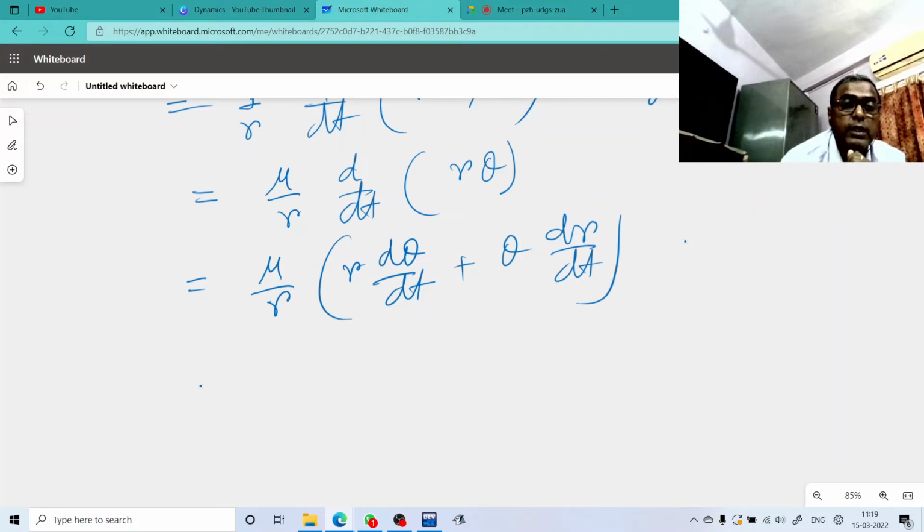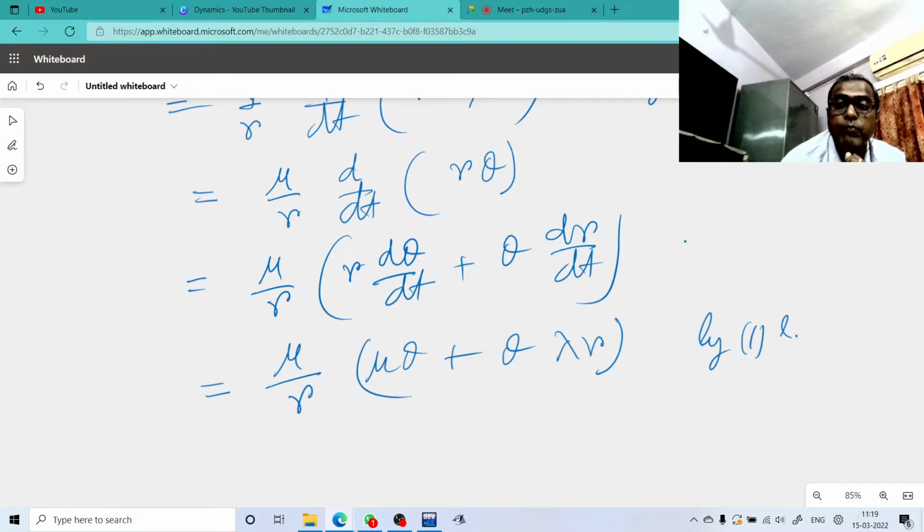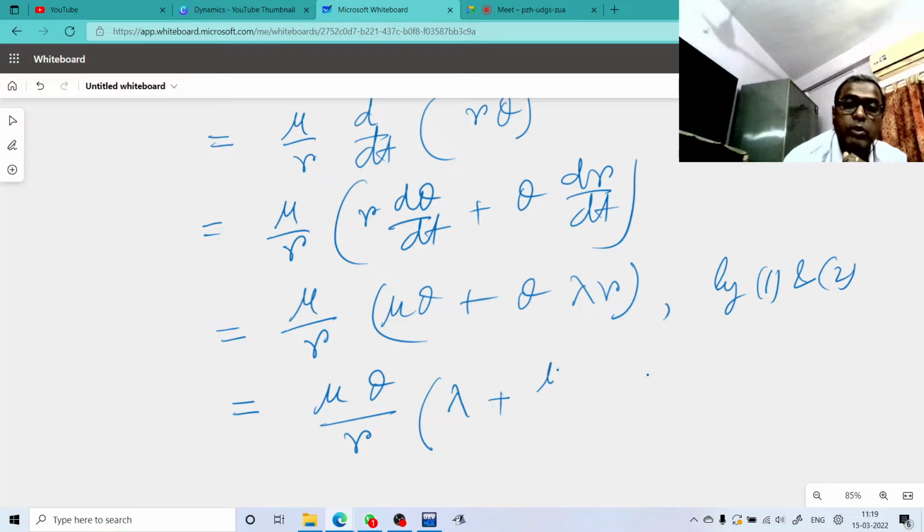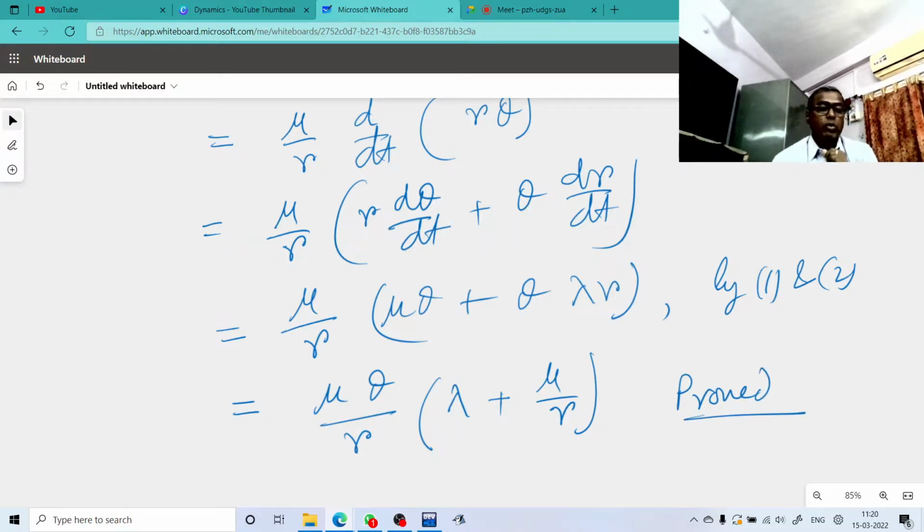Now r theta dot, again putting from 2, equals mu theta plus this dr/dt, from equation 1, is lambda r, so theta into lambda r. So taking theta common, it is equal to lambda plus mu by r, and this is the result for the cross radial component of acceleration.